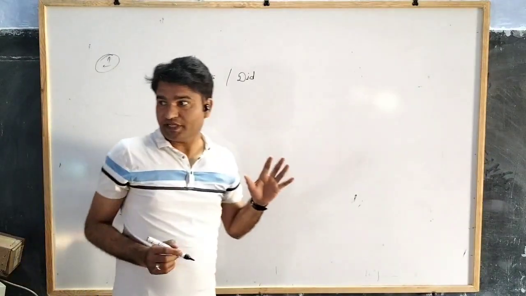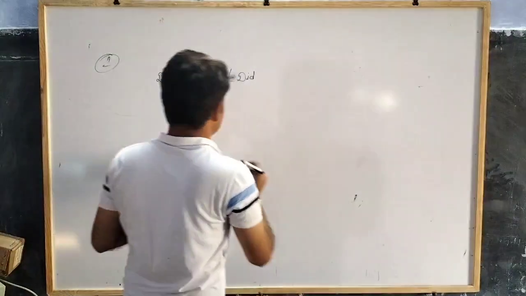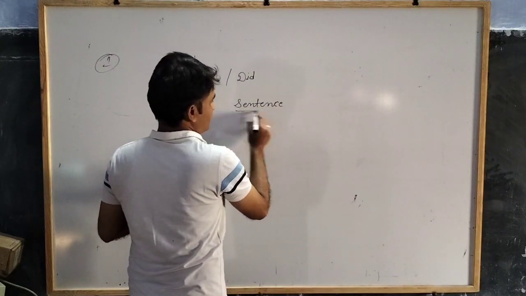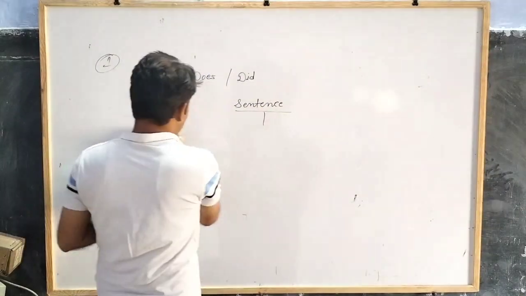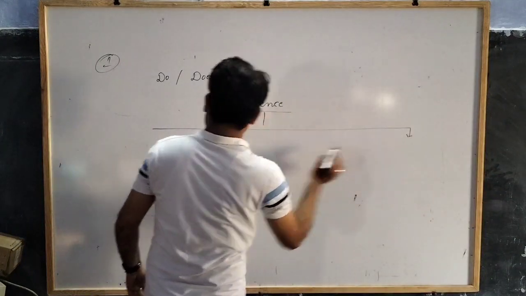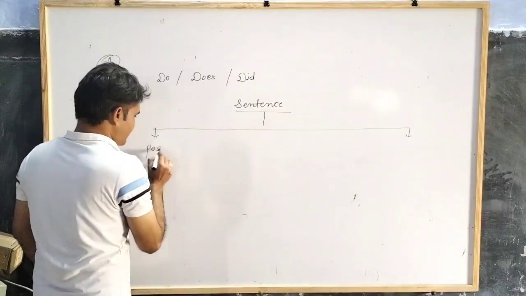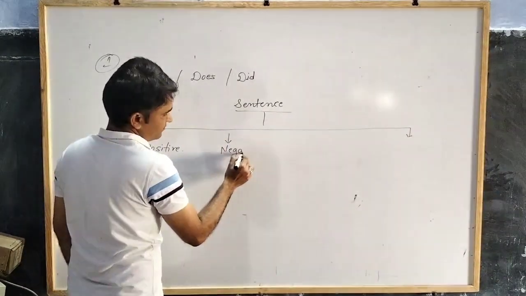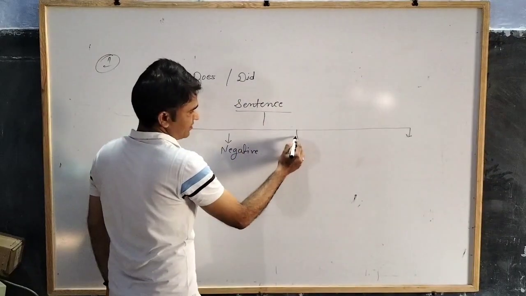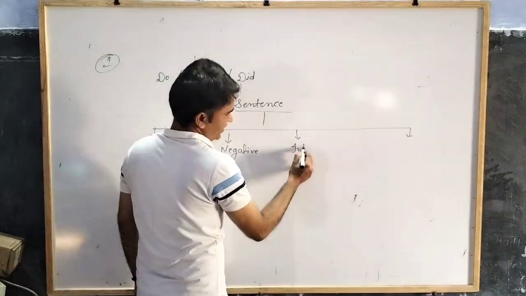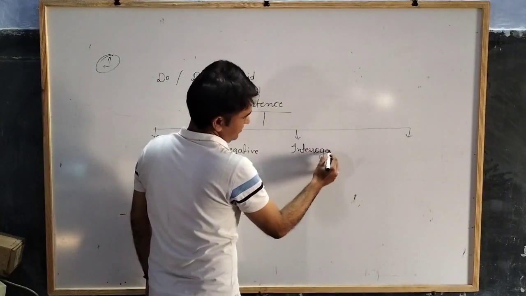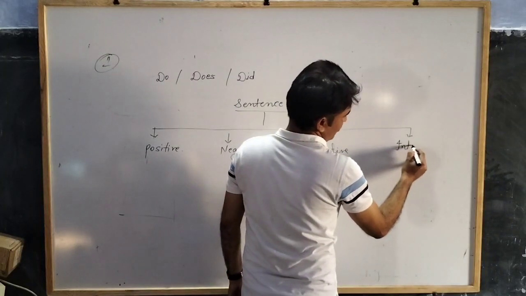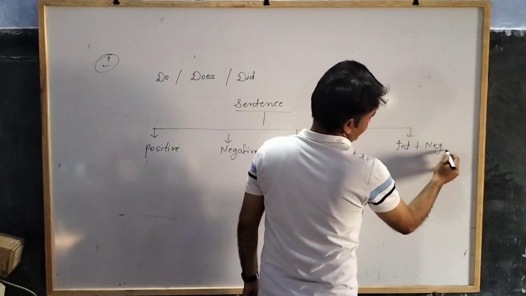As you know, there are four types of sentences. First, we need to learn about sentences. How many types of sentences? There are four types of sentences: positive sentences, negative sentences, interrogative sentences, and interrogative plus negative sentences.